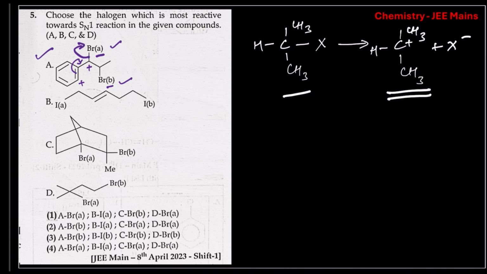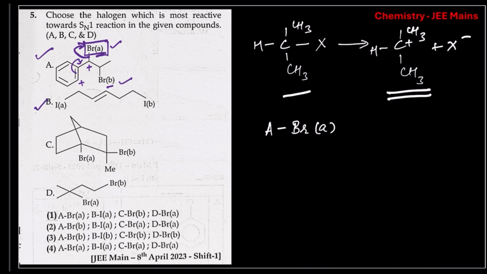So, the carbocation formed by the loss of bromine marked as A is more stable than the carbocation formed by the loss of bromine marked as B. So, the halogen which is most reactive towards SN1 in this compound is bromine marked as A. So, for A it is bromine which is marked as A.